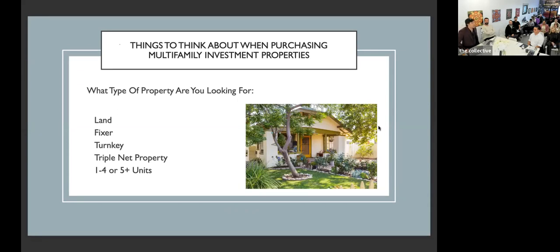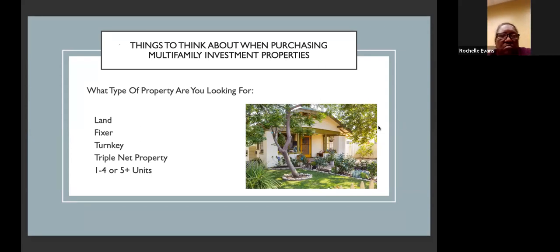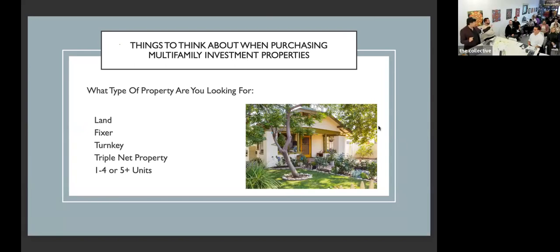Think about what type of property you're looking for when you're looking at these investment properties, right? I always put it on kind of a spectrum, where maybe the left side is raw land, and on the right side is what I would call a turnkey property. What's turnkey?